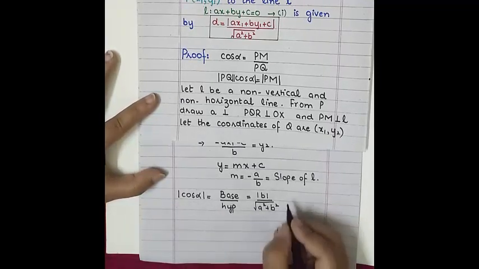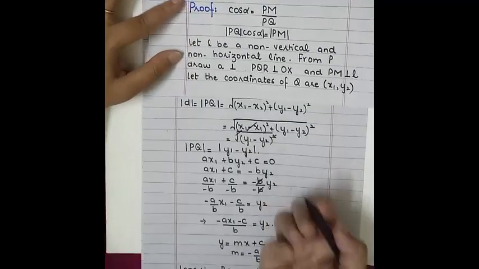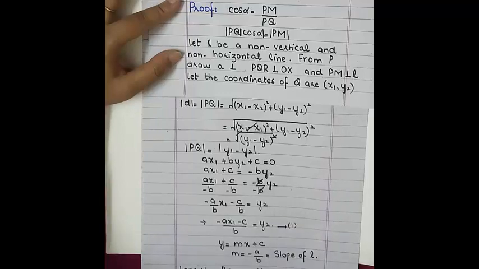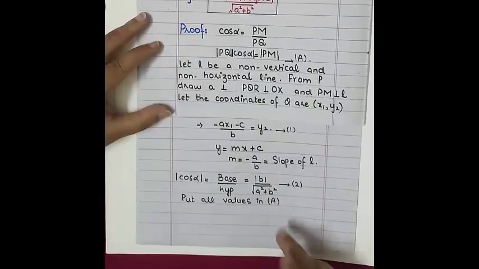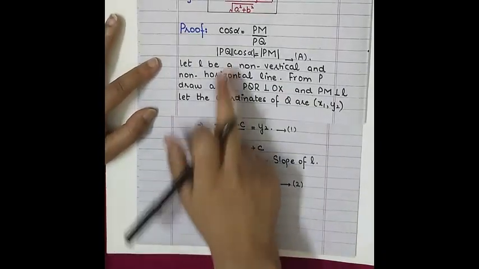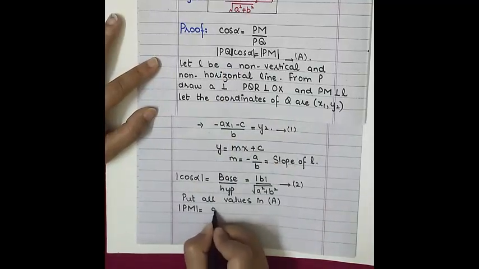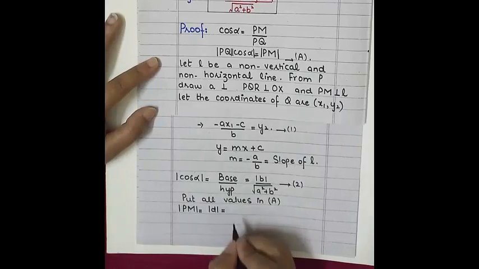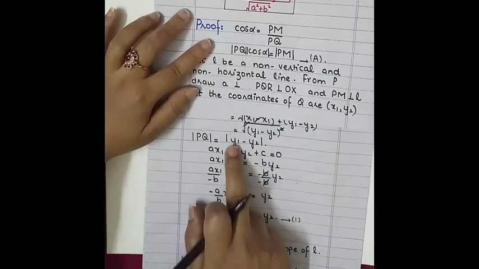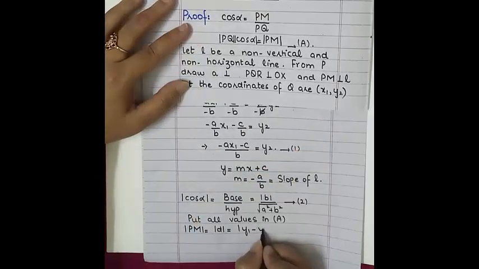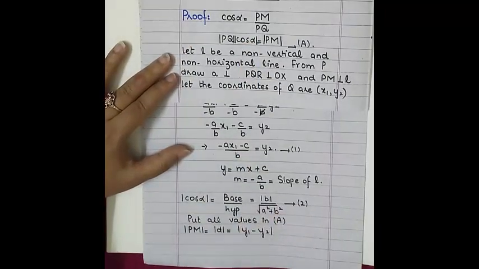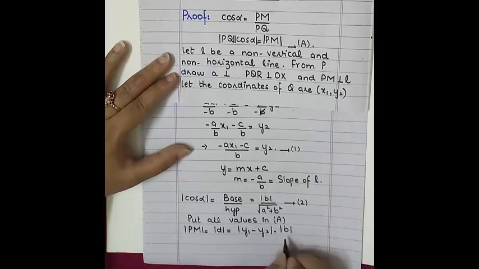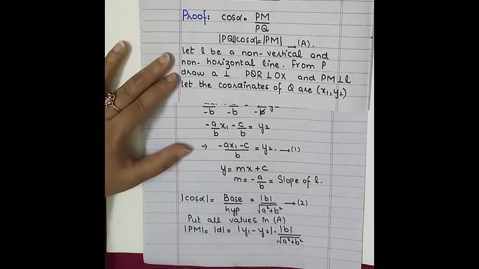Now we will put both of these values, let me represent them as 1 and 2. This value of PQ, as 1, in this equation, which we represented as A. Put all the values in A. We have PM, which is equal to D. It is equal to PQ, so the value of PQ is y1 minus y2, multiplied by the value of cos alpha, which is b over the square root of a square plus b square.